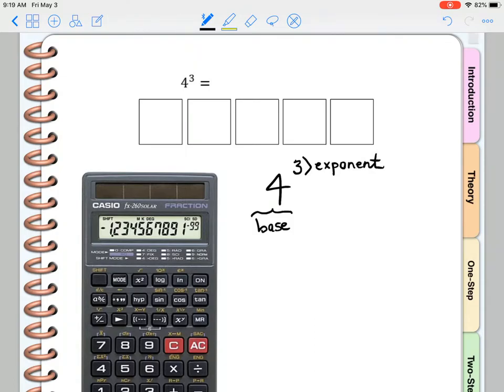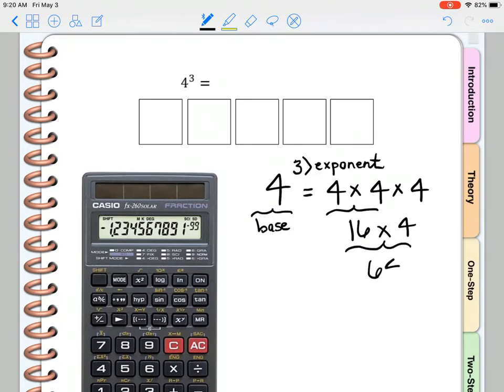So if you are going to work this out without a calculator, you would have to say 4, 4, and 4. There are 3 of them, and you would multiply those together. So you would say 4 times 4, that's 16, and that times 4 is 64.